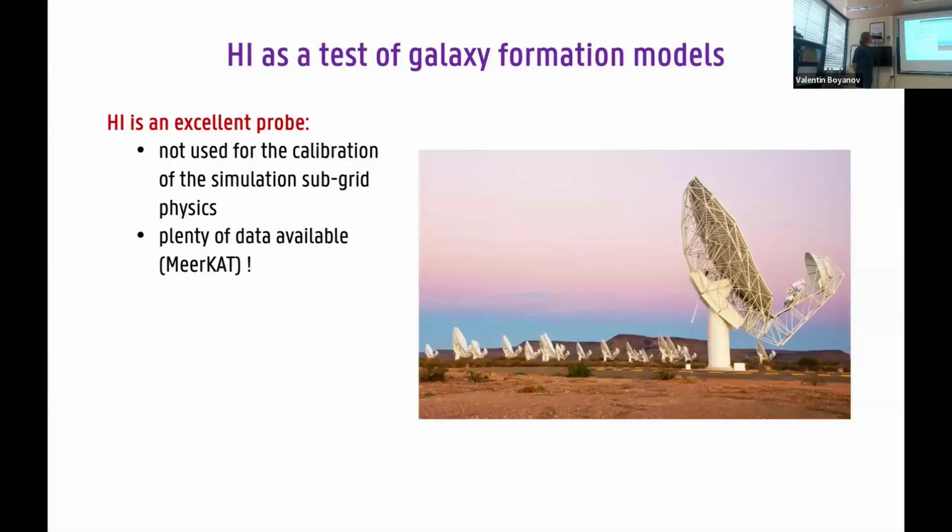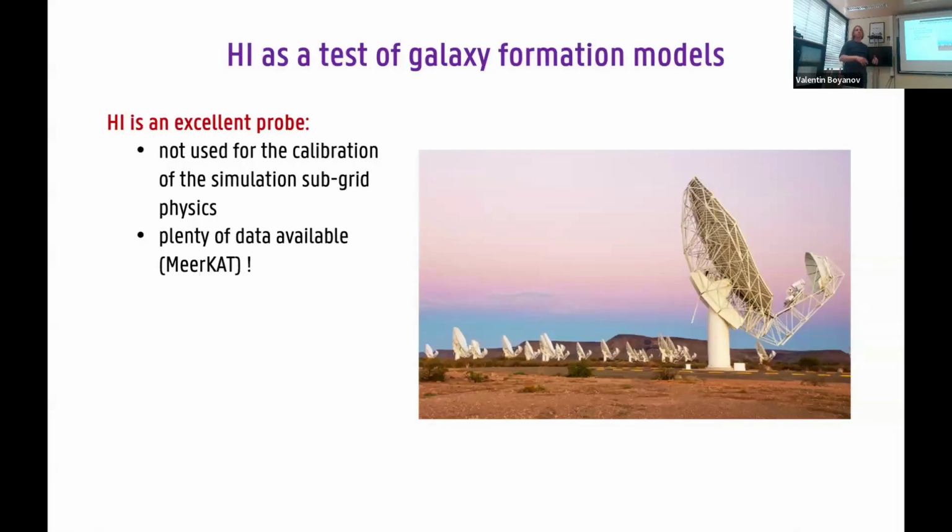Last thing I want to say is to use H1 as a test of galaxy formation models. Because H1 is actually quite interesting. H1, you see it with 21 centimeter radio observations. And that's an interesting probe for these kind of simulations because it is not used in the calibration process.